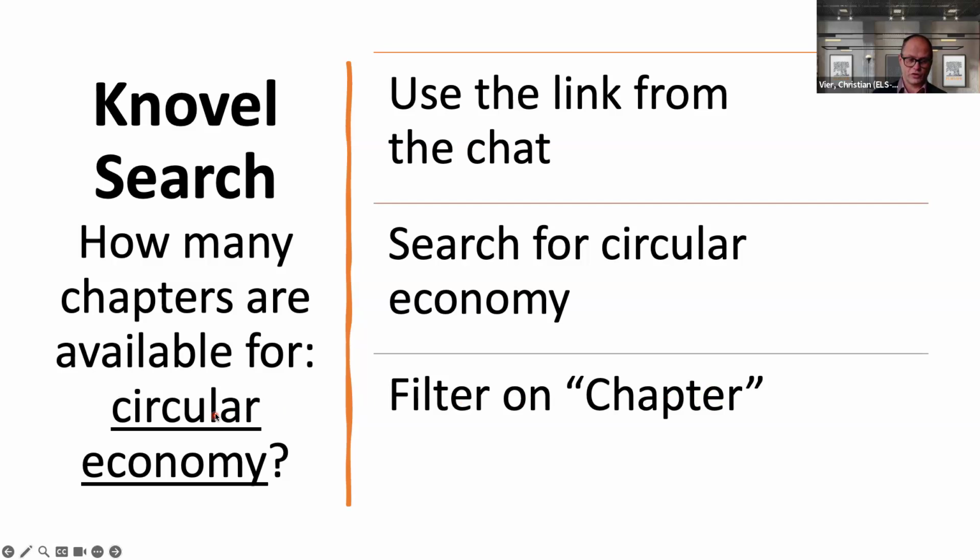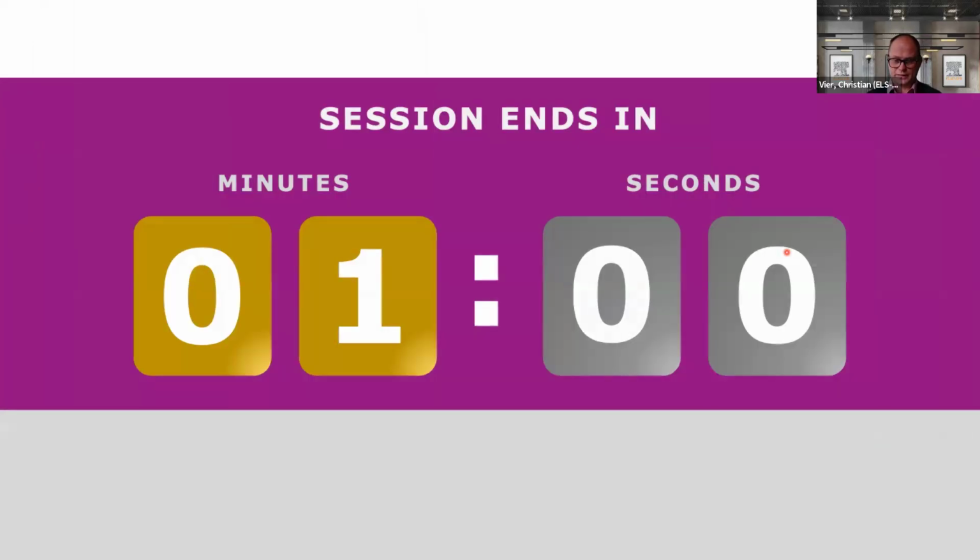Yeah, so go into Knovel, take the link from the chat box for that, for example. Then you type in circular economy into the search box and you filter on chapters. And I want to know how many chapters are available for the search term circular economy. Yeah. And if you have the result, just paste it into the chat box. And I give you 1 minute time for that.